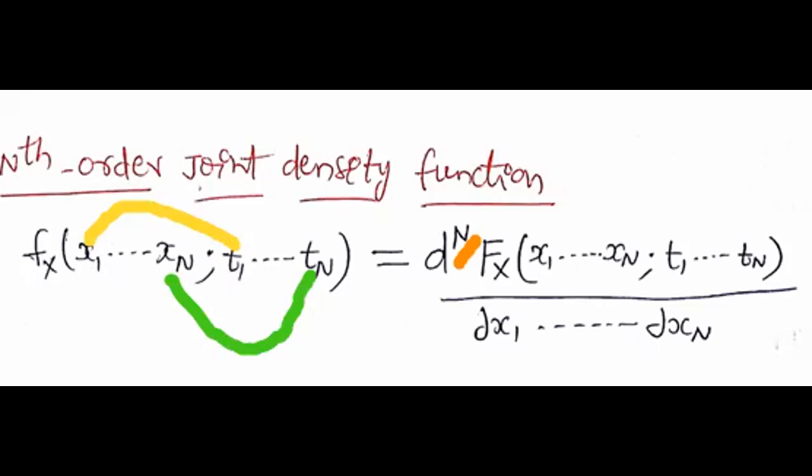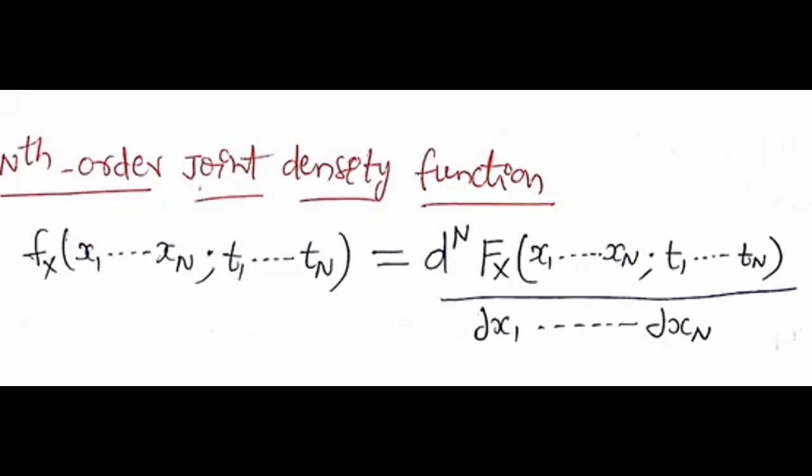Now we would like to move over to another concept, that is statistical independence. Statistical independence is defined if you consider two random processes x of t and y of t.